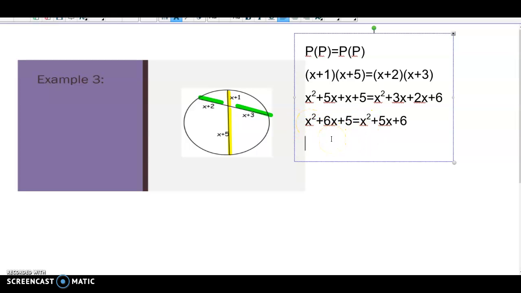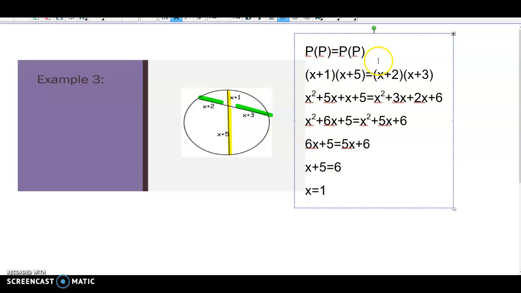So I'm left with 6x plus 5 is equal to 5x plus 6. This is a little bit less intimidating. I subtract 5x from both sides, and we get x plus 5 is equal to 6. And then we can subtract 5 from both sides, and we get x is equal to 1.